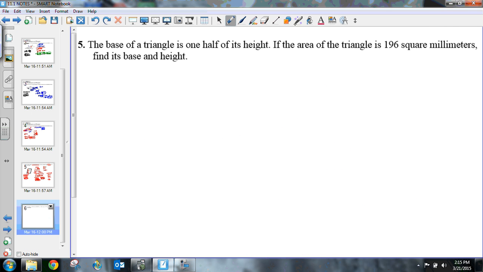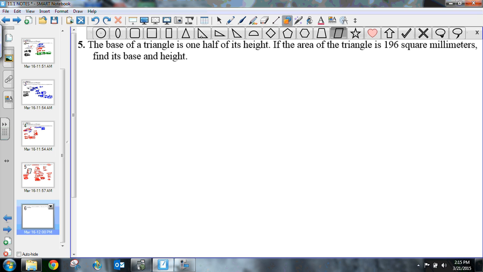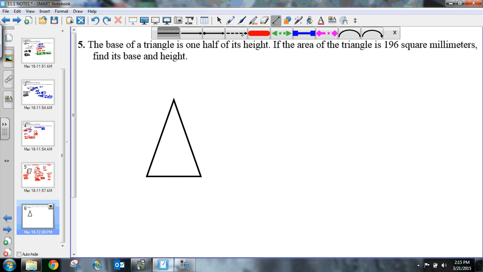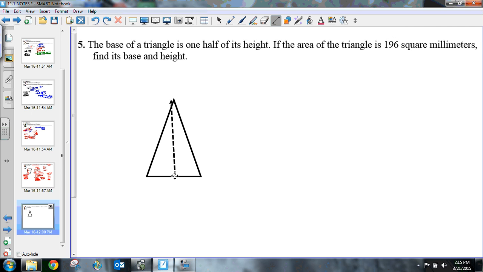Okay, and let's just draw a generic triangle here because it's a question about a triangle. All right. I just need 1. All right. So, okay, half the height. All right. So what I know is that I've got this length here going from the very top of this. This is my height.